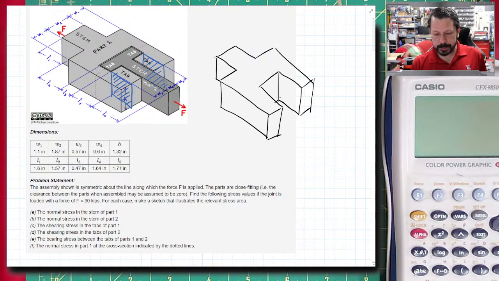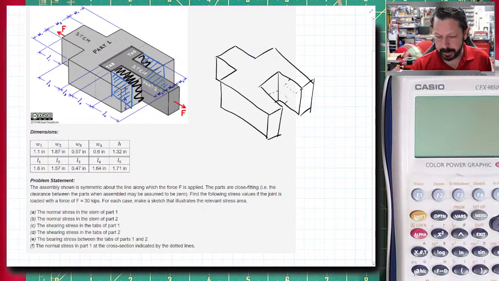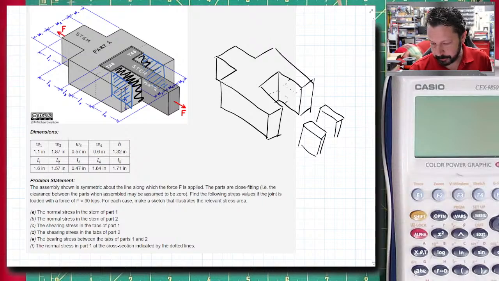So what's missing is, these little tabs are gone. They were right here and right here, but they have been sheared off. So they're over here somewhere, a tab piece here and a tab piece over here.